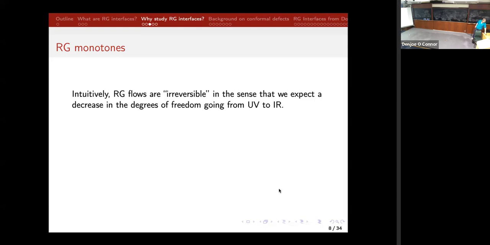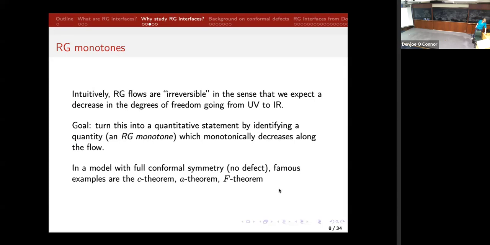And the question is, what quantities can we identify that satisfy that? Probably everyone has heard of the C theorem, A theorem, and F theorem, which relate to these RG monotones in the case of 2D, 4D or 3D CFT. And that is in the absence of a defect or with a trivial defect.